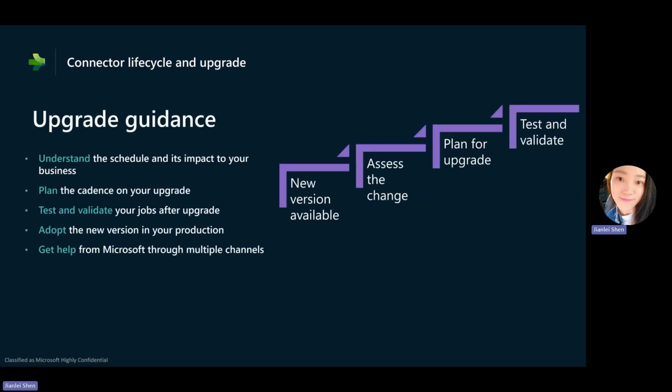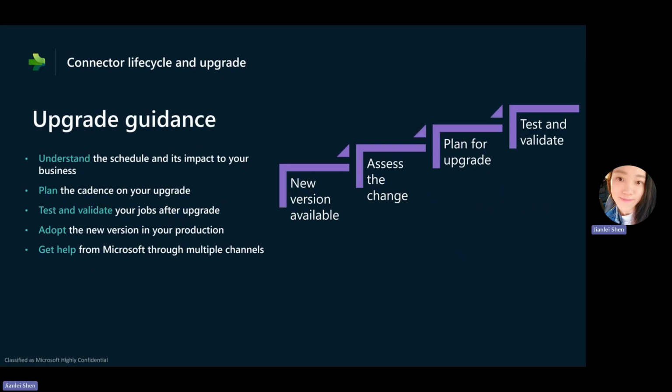By working with many customers in the past couple of months, here is what we learned from different customers from their practice of upgrading a connector version to a new one. First of all, customers are recommended, as always, to understand our connector life cycle schedule and its impact to your business.